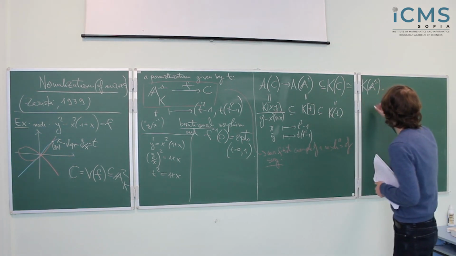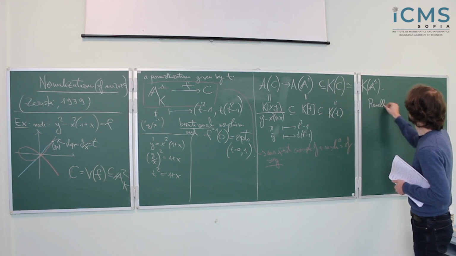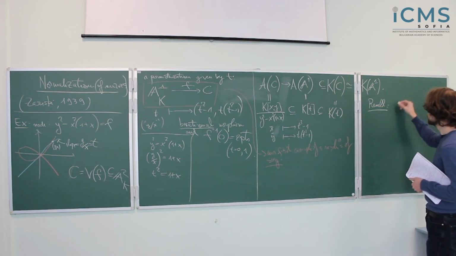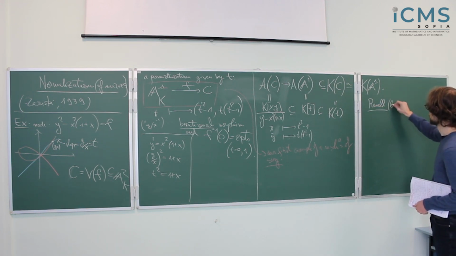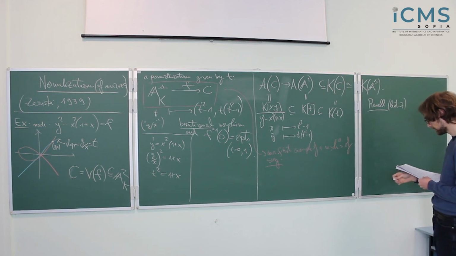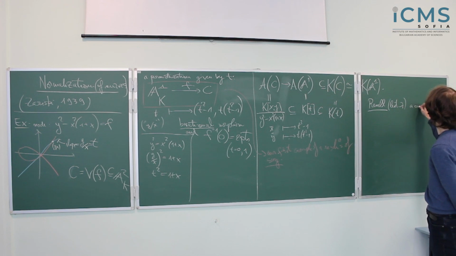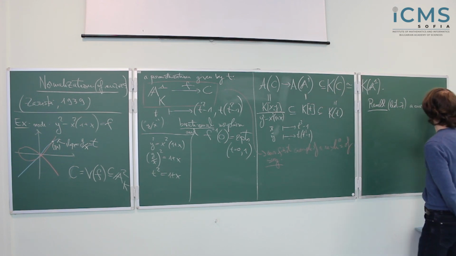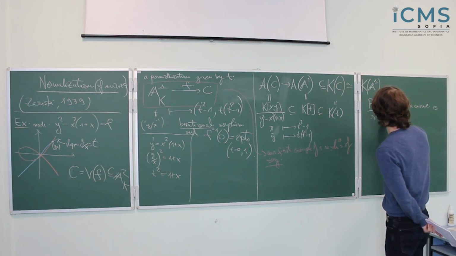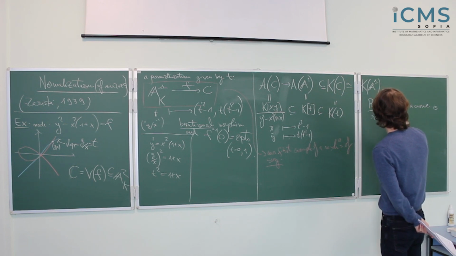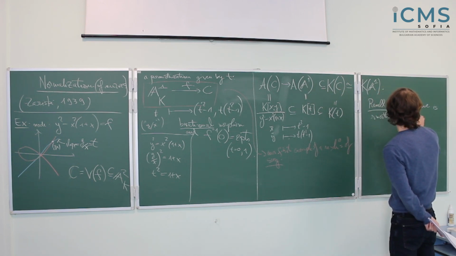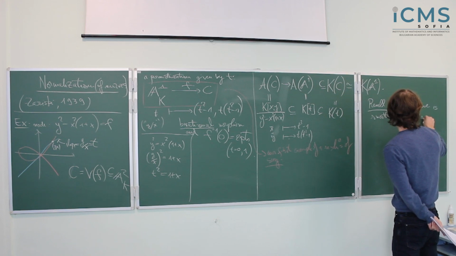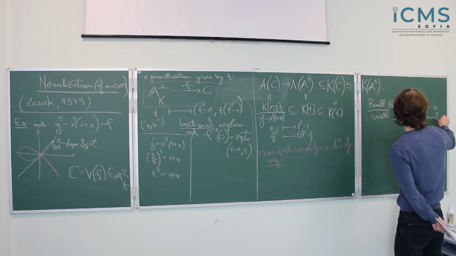So recall last lecture, lecture 7, if I'm not mistaken, a curve is smooth if it is normal, right?